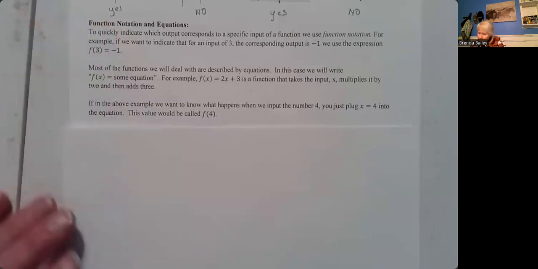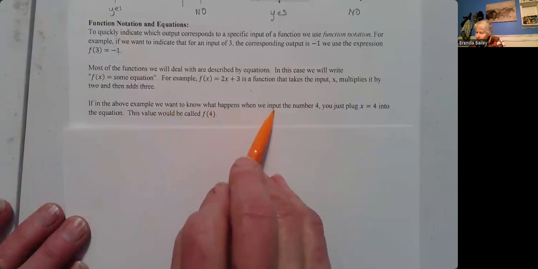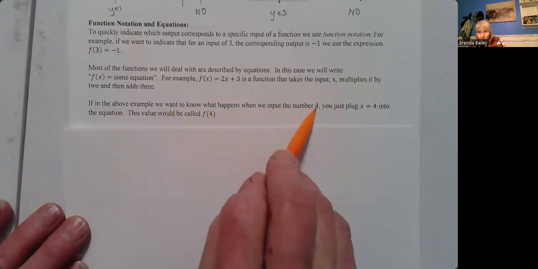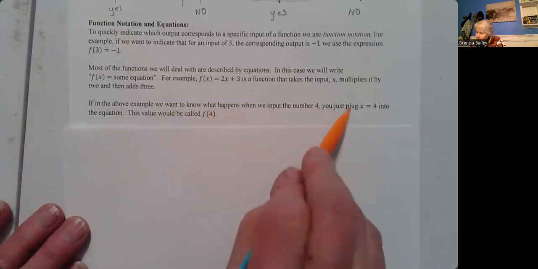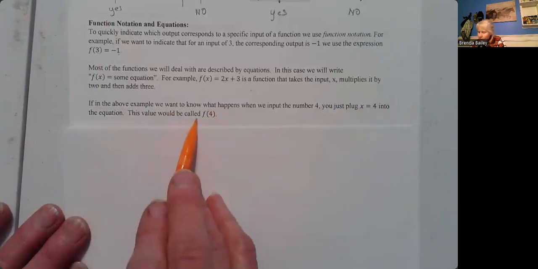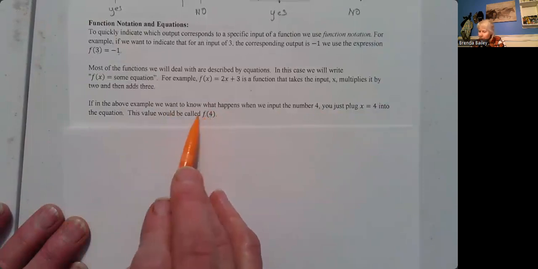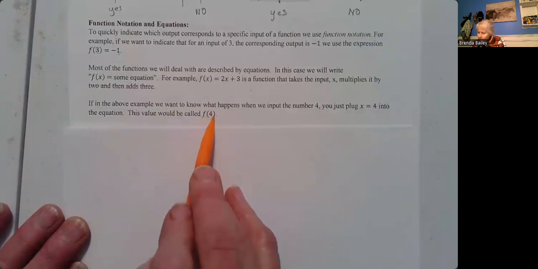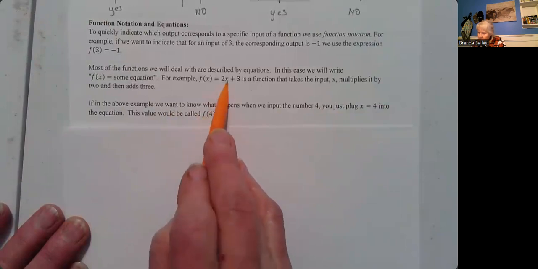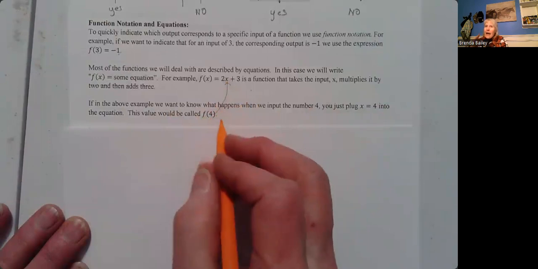All right, in the above example, we want to know what happens when we input the number 4. You just plug x equals 4 into the equation, and this value would be called f of 4. That's how we read that, f of 4. So if we were to put 4 into the above equation, that's what this means, in for the x, any x.